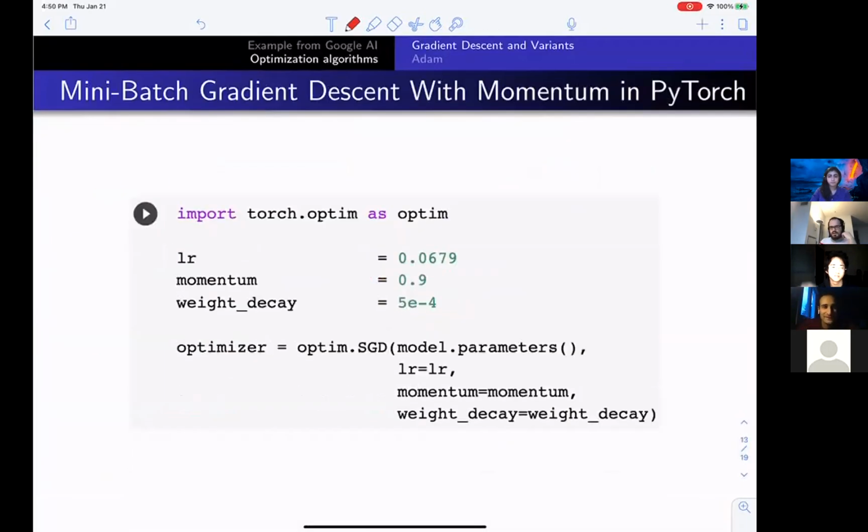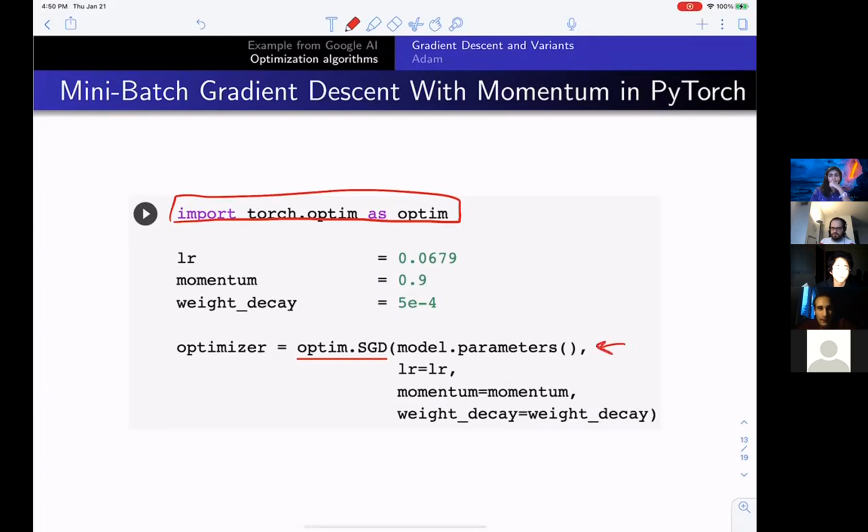Next, once you have the data set, you want to be able to do optimization, right? So you need to create an optimizer. So this is what this slide does. Here I'm calling optim.SGD. optim is something I imported from PyTorch, right? And then optim.SGD is creating an optimizer.